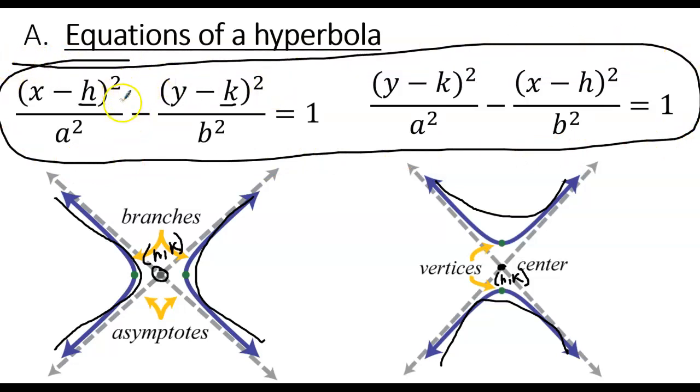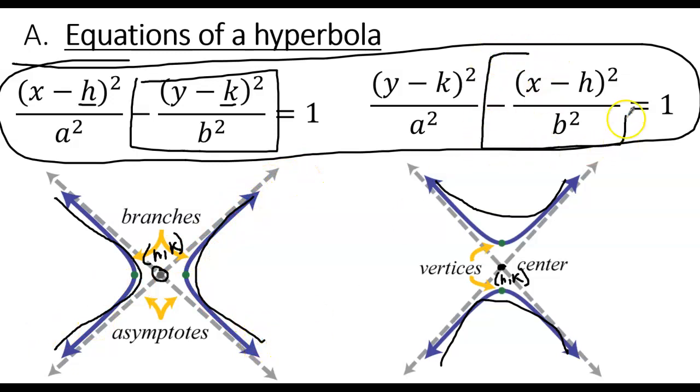Whenever the x comes first, followed by the y, or I guess maybe another way of saying it is the negative is in front of the y, because technically I could put this in the front. If the negative is in front of the y, then your curves will be on the left and right. But if your negative is in front of the x, your curves will be on the top and the bottom of the shape here. Okay?